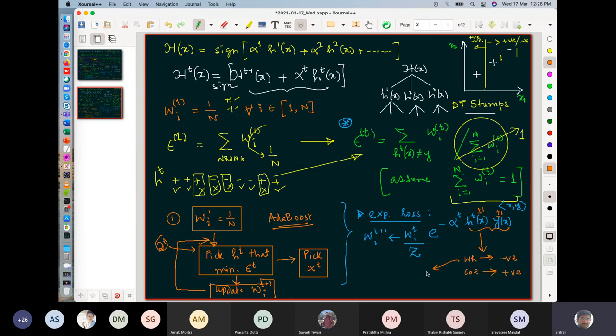For wrong cases, this will be -1. This -1 cancels with this minus, making it plus. That means it is obviously more than whatever I had in my weights earlier.